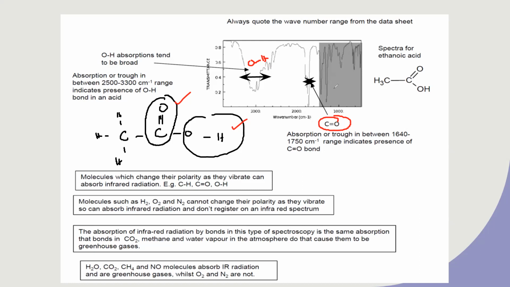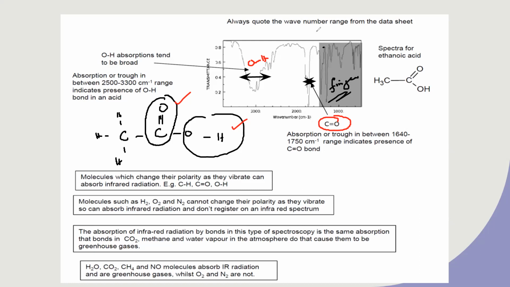But the fingerprint region is complex to read. There are a lot of peaks. That's why we don't use it. We will use only the part where we can determine the bonds present in the molecule. So even if it is a spectrum for butanoic acid, pentanoic acid, or methanoic acid, they all have the same result.